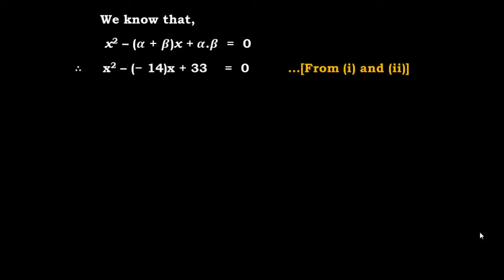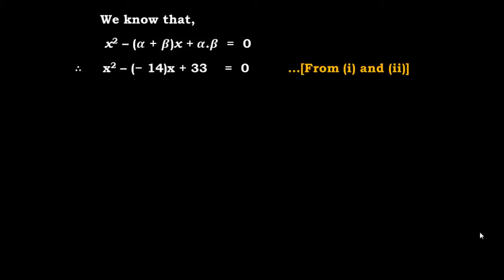Minus into minus is plus. Now we can use the formula x square minus (alpha plus beta) into x plus alpha into beta is equal to 0. So substitute the values of alpha plus beta and alpha into beta. x square minus minus 14 into x plus 33 is equal to 0.